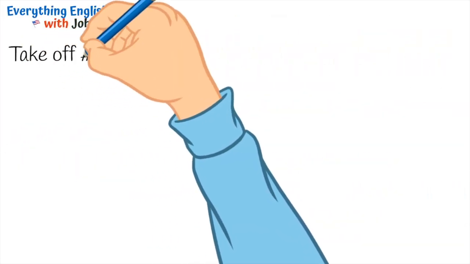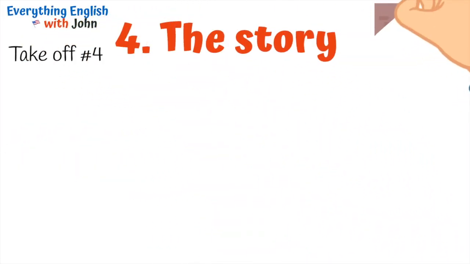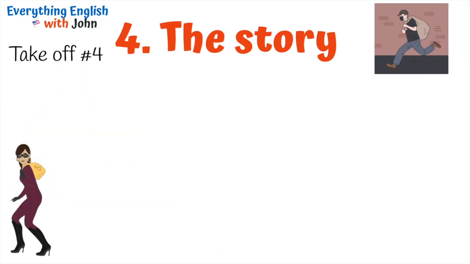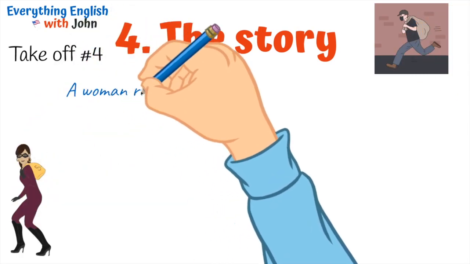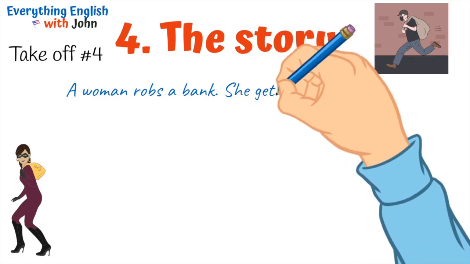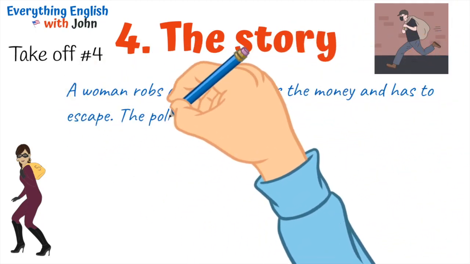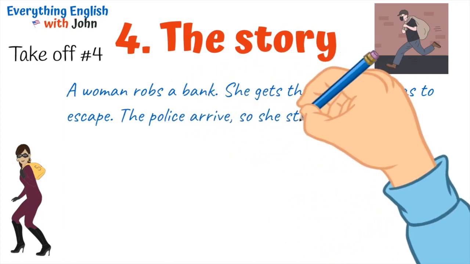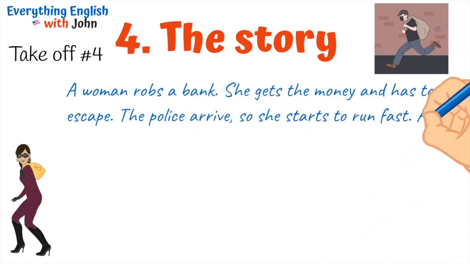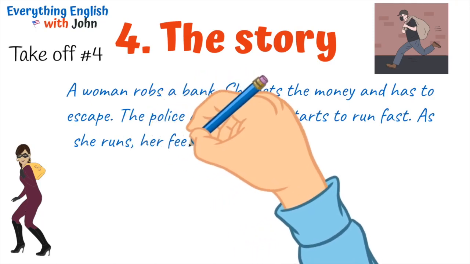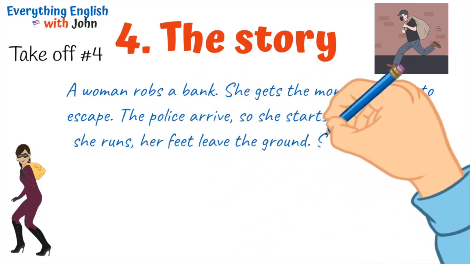Take off number 4. The story. A woman robs a bank. She gets the money and has to escape. The police arrive, so she starts to run fast. As she runs, her feet leave the ground.